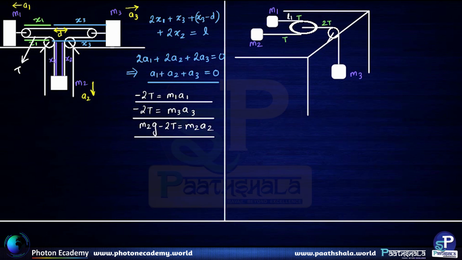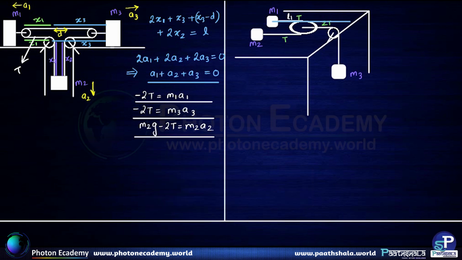In this situation, let us assume the distances x1, x2 and x3 as like this. So this is the distance x1. I'll find a better location to draw it. So this is x1, this is x2, distance of m2 from the rigid support, and this happens to be x3.